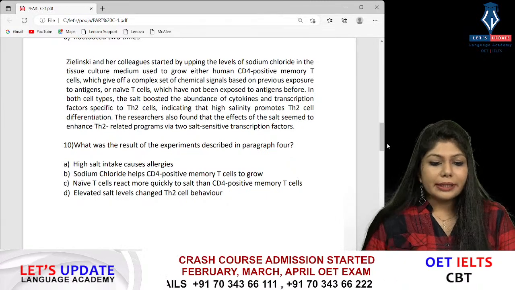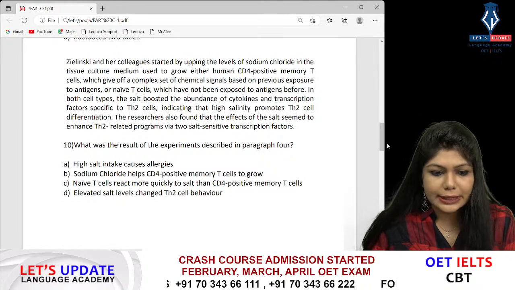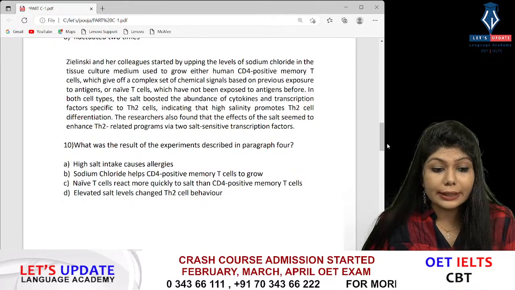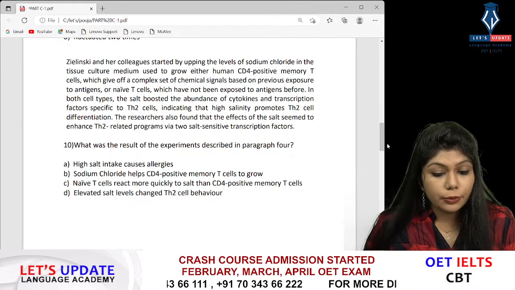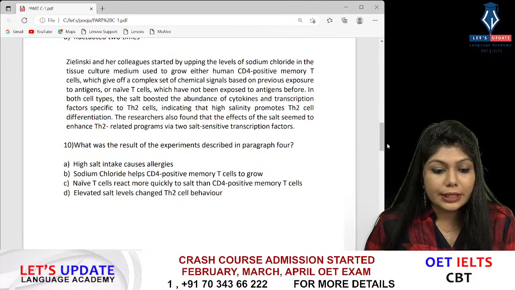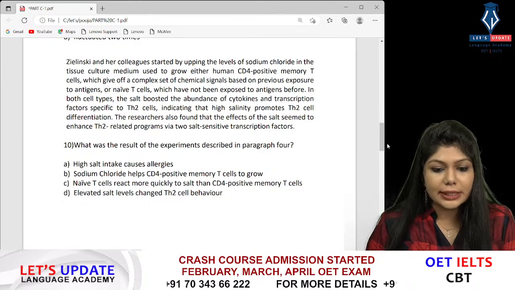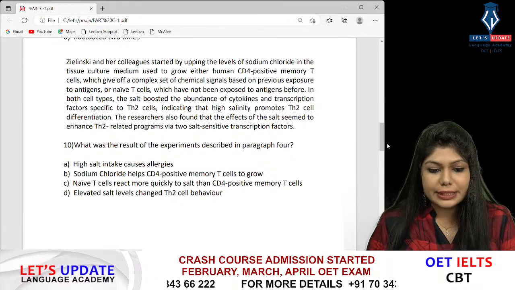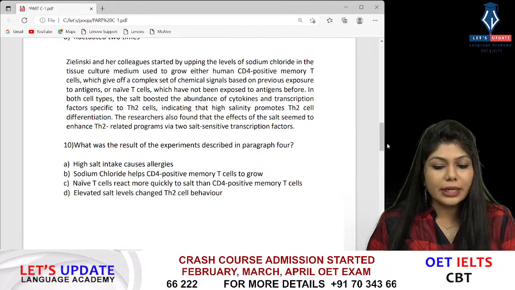So the paragraph is: Zelensky and her colleagues started by upping the levels of sodium chloride in the tissue culture medium used to grow either human CD4 positive T cells, which give off a complex set of chemical signals based on previous exposure to antigens, or naive T cells, which have not been exposed to antigens before.